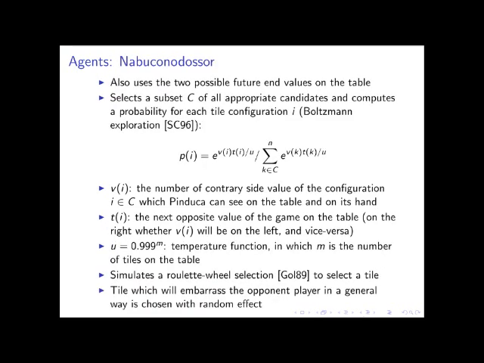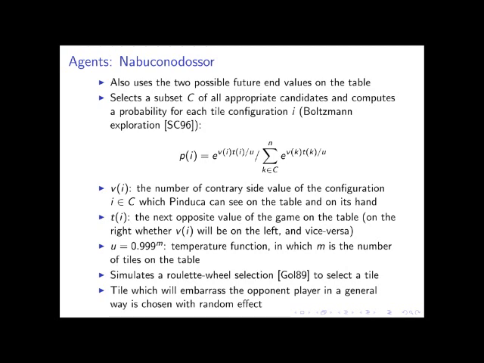Nabucodonosor, as Tiao does, also uses the two possible future end values on the table. Nabucodonosor selects a subset C of all appropriate candidates and computes a probability for each configuration tile i using the Boltzmann exploration technique.